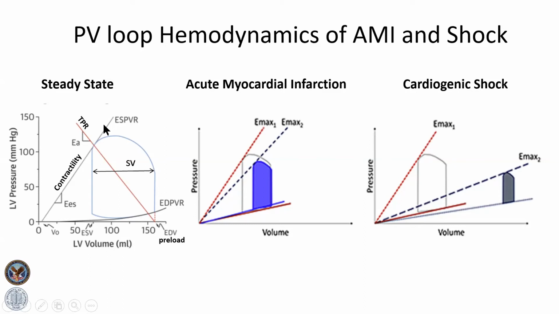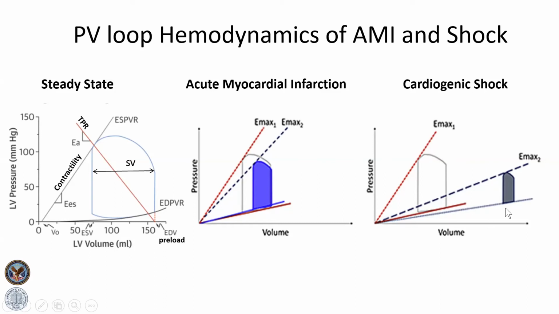Now, a line that connects the multiple loops at end systolic determines the contractility metric. And the line that connects the end diastolic pressure volume relationship to the end systolic relationship, the slope of that line, tells us about total peripheral resistance. If we look across at myocardial infarction, we can see that the infarcted myocardium pressure volume loop is shifted upward and to the right, decreasing contractility, decreasing stroke volume, increasing LV-EDP, and the diastolic pressure volume relationship.